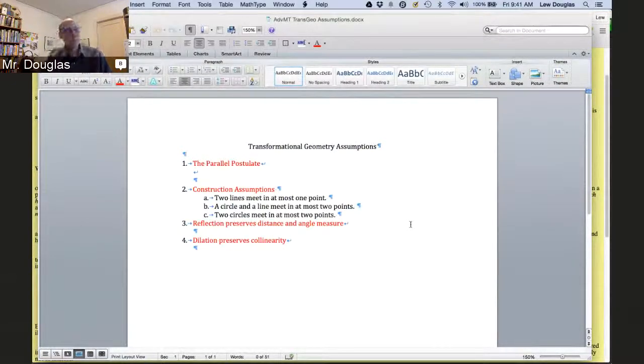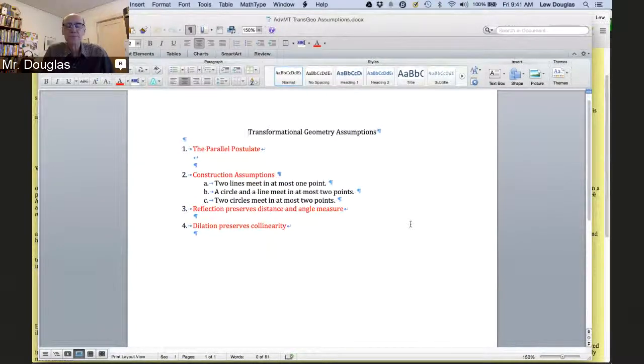Here are the assumptions that we've made so far, and we're going to talk about the parallel postulate in a minute. But these come from, again, Henry's article. So there's the parallel postulate, and we'll talk about that. There's construction assumptions that he makes, which are different, and he uses those in the proof that you'll read for homework. So these are kind of obvious things, but I don't think they can be proved.